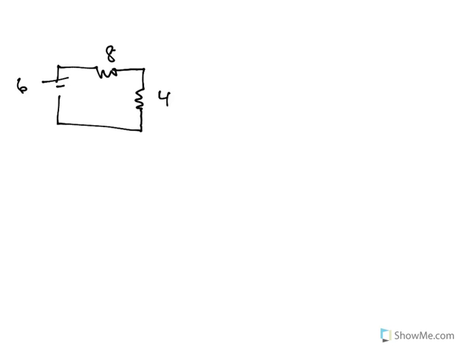And let's say I wanted to know what is the voltage across this 4 ohm resistor. Well, if I want the voltage across the 4 guy, I would take the resistance of the 4 guy over the total resistance.